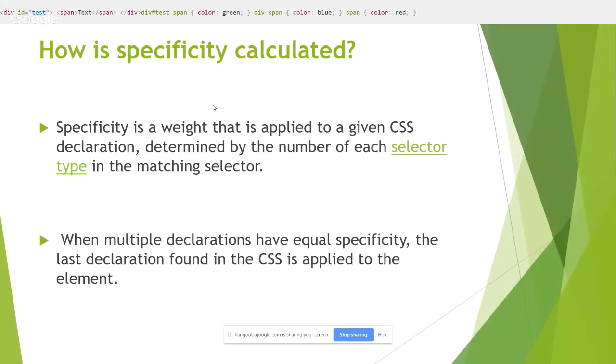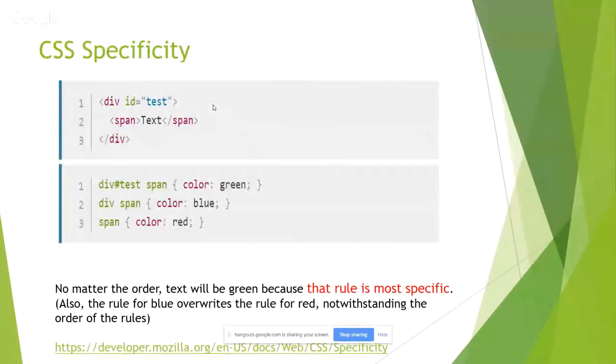Specificity is a weight that is applied to a given CSS declaration, determined by the number of each selector type in the matching selector. When multiple declarations have equal specificity, the last declaration found in the CSS is applied to the element. CSS specificity example for that.